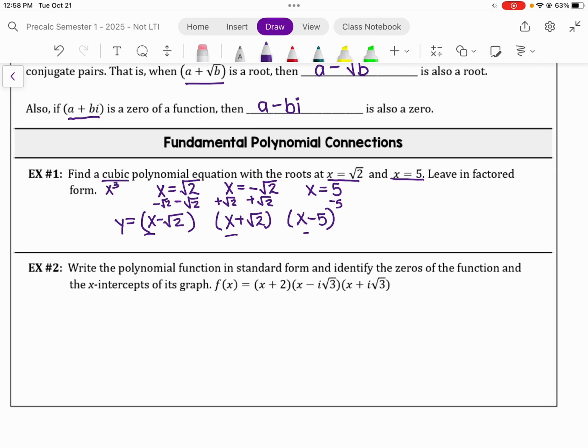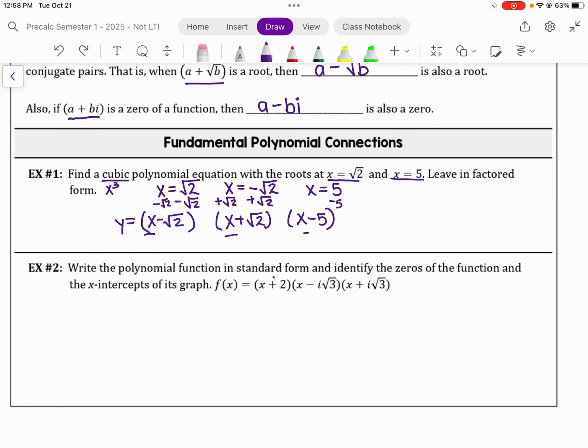Let's write the polynomial in standard form and identify the zeros of the function and the x-intercepts of its graph. All right. I could multiply the first guy by the second guy. That's fine.